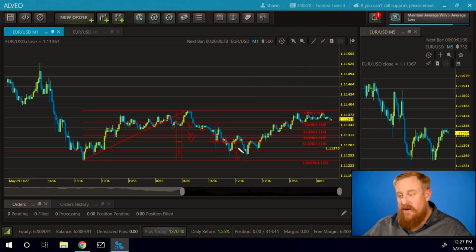No, you don't necessarily do that. In this case, you would have lost if you tried to hold on to that entire position. Again, it's just an area and a probability. So you break the 62% retracement now. The probability is that you're going to get a 100% retracement.